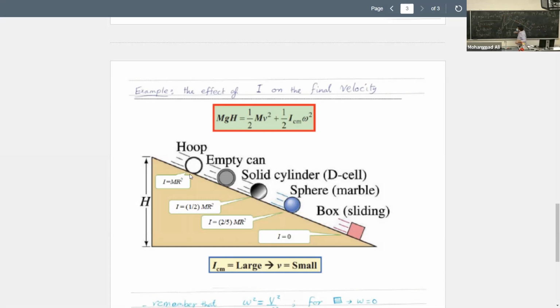That is because of the difference of these coefficients. For each I, there is a different multiplication coefficient. But m r squared is the same between them all. For each of them we have m r squared, m r squared, m r squared, but there is a different number here and here and here.